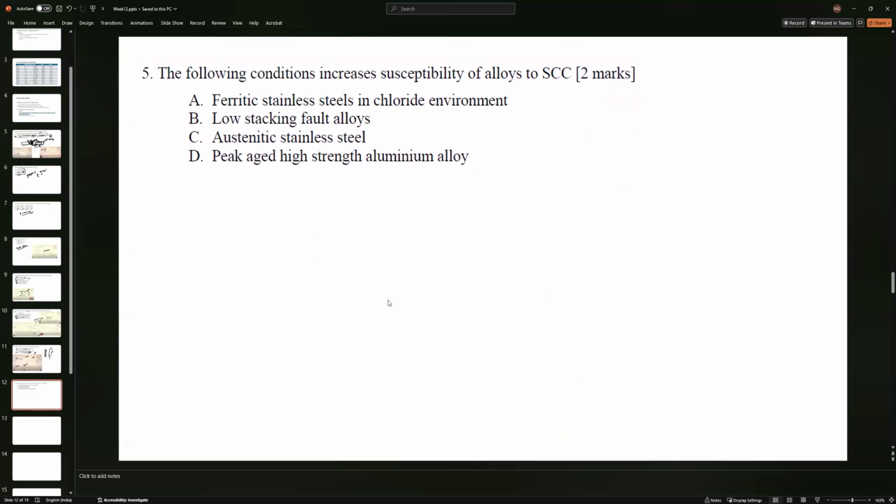Which of the following conditions increase susceptibility for alloys to SCC?